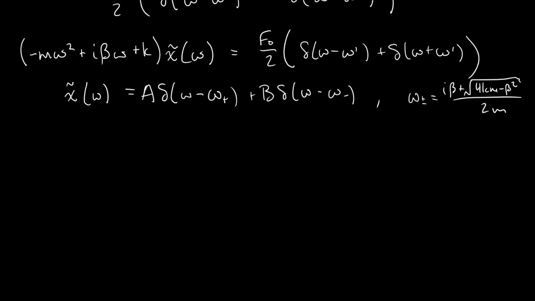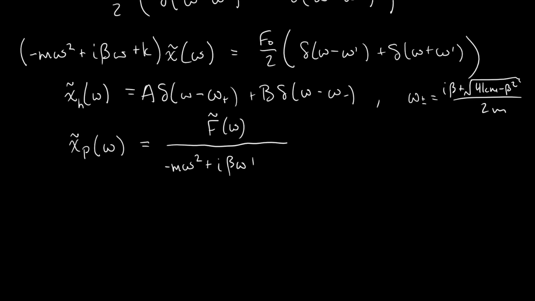Which means, I'm going to call this x sub h. I'm going to give it the name of the homogeneous solution. So I know that if I have some x tilde omega, or say I have a particular solution, which in this particular case I'll say is f tilde omega, doesn't matter what the driving force is, I have something like this plus i beta omega plus k.